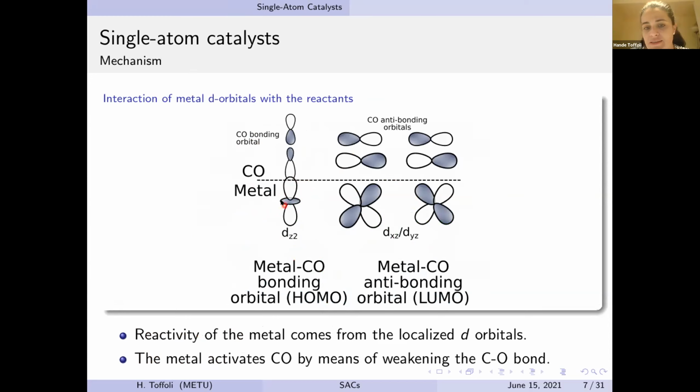The d orbital of the metal forms a bonding orbital with the bonding orbital of carbon monoxide. Also, the remaining d orbitals of the metal can pair with the anti-bonding orbitals of carbon monoxide to form the anti-bonding orbital of the full complex.